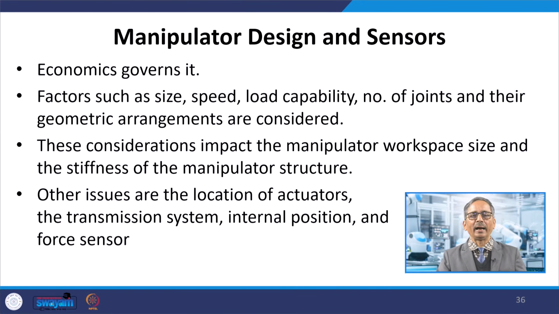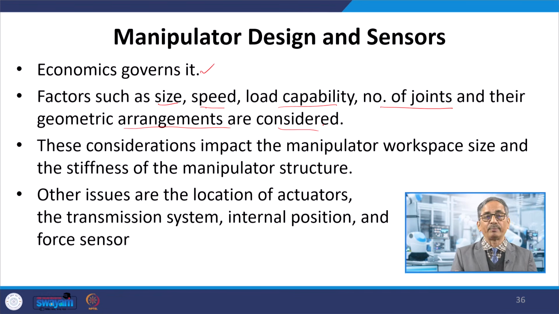Next, we will be looking at the manipulator design and sensors. In manipulator design, naturally the economics govern what type of manipulator we are going to design. There are factors such as size, speed, load capability, number of joints and their geometric arrangement. These things are to be considered. Now, these considerations impact the manipulator workspace size and the stiffness of the manipulator structure.